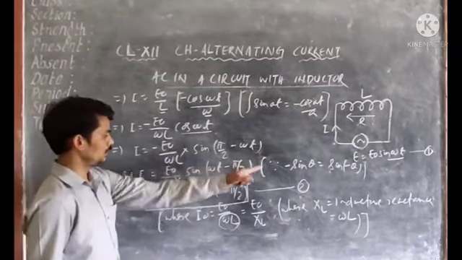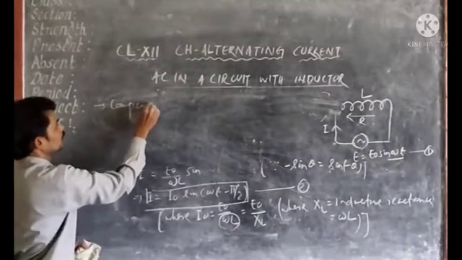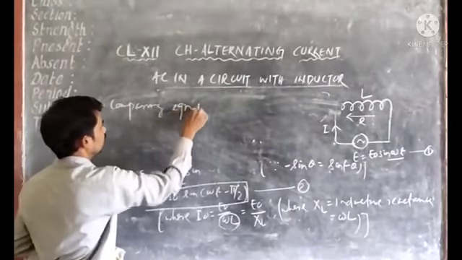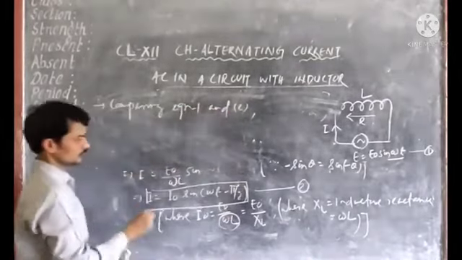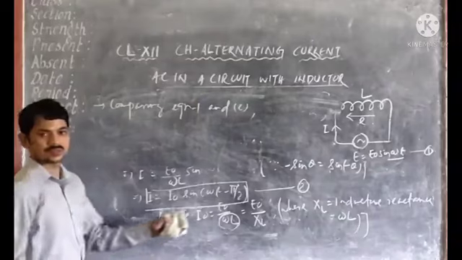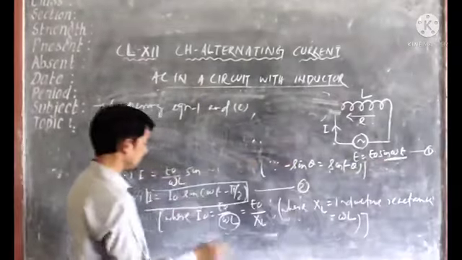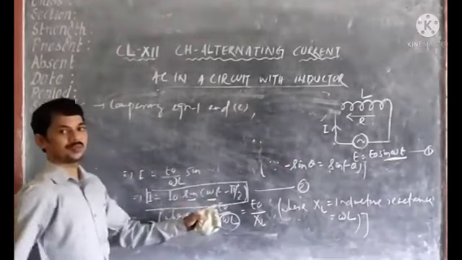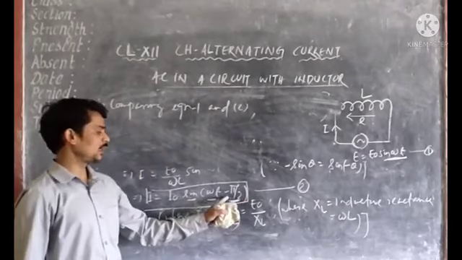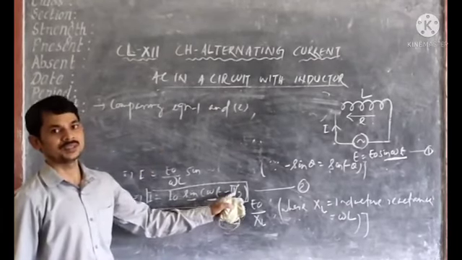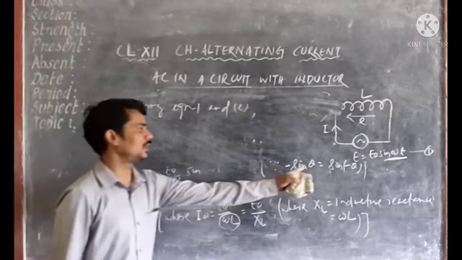So by comparing these two equations, we can see that sin omega t is present in both, but one extra term comes, that is minus pi by 2. So this minus pi by 2 represents our phase difference. So there is a phase difference between the current and the alternating EMF.